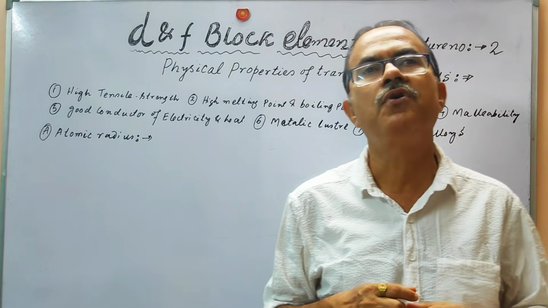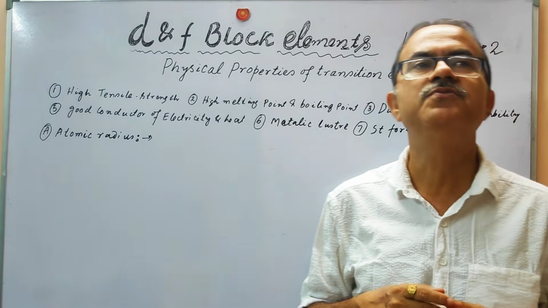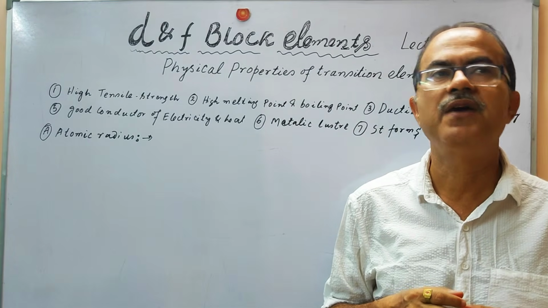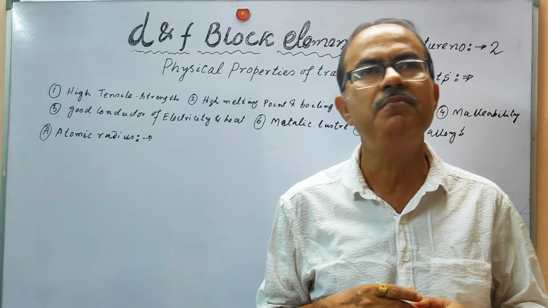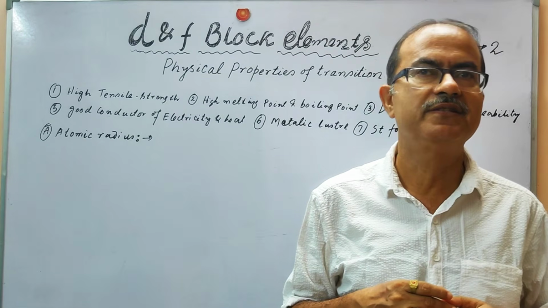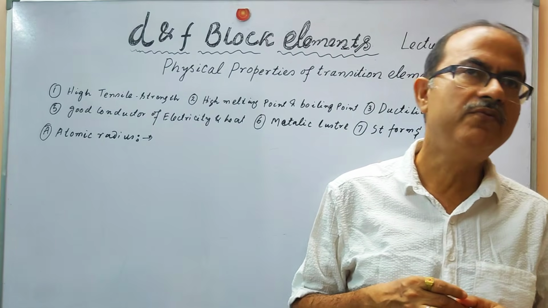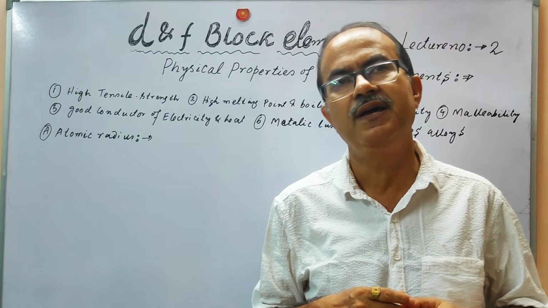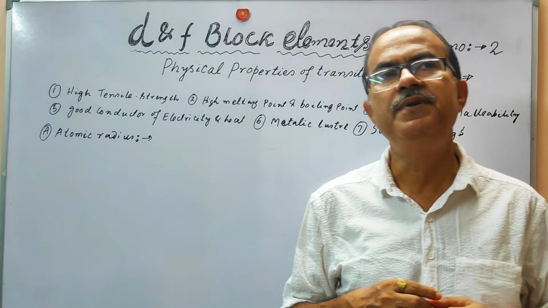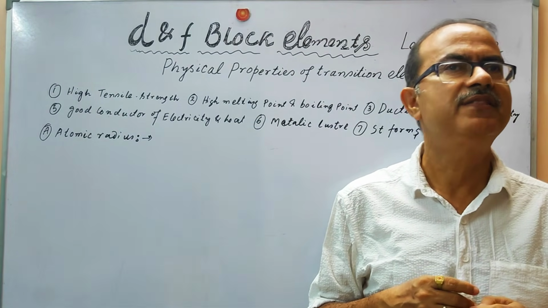This trend is observed in all three series, that is the 3d series, 4d series and 5d series. In every series you find the same type of observation, but there are some significant points when we compare the atomic radius of 4d and 5d with 3d. The 4d and 5d have a higher radius than the 3d.